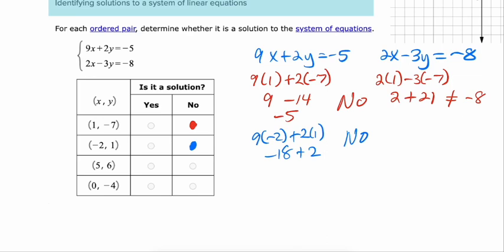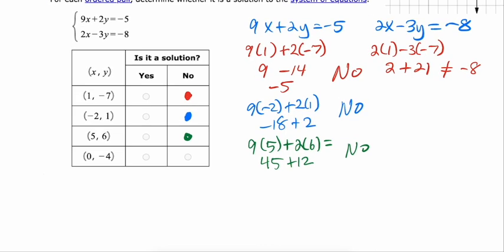You don't need it. Now let's try 5, 6. Now I'm going to try it in the first one. I get 9 times 5 plus 2 times 6. Does that equal -5? Well, there's no negatives to be found. How am I going to get -5? You can check. That is 45 plus 12, which is a no. One more to check.